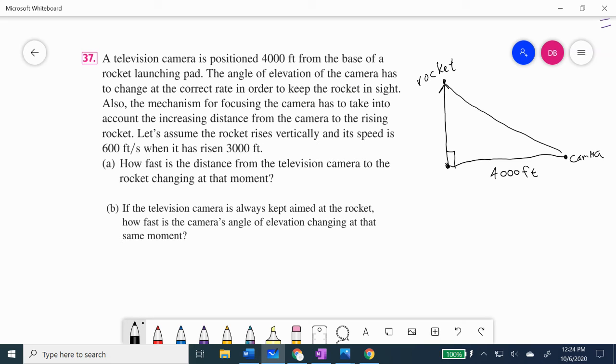Let's see what we are given for rates of change. We are given 600 feet per second is how fast the rocket is rising, because it's a magic rocket and it is moving at a constant speed.